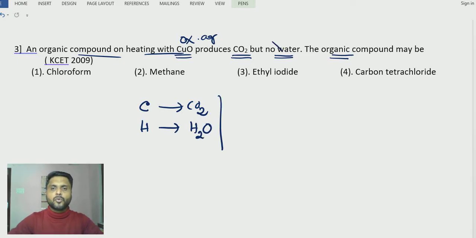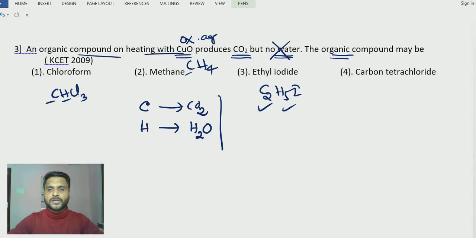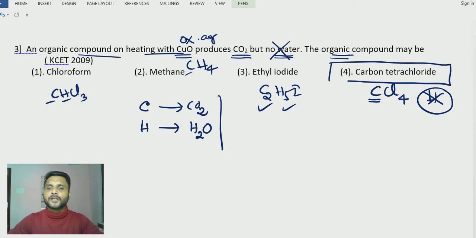But here there is no water mentioned. That means hydrogen should not be there in the given compound. Chloroform, CHCl3: carbon and hydrogen both are there. Methane is CH4: carbon and hydrogen both are there. Ethyl iodide, C2H5I: carbon is there, hydrogen is there. Carbon tetrachloride is CCl4: carbon is there but hydrogen is not. That means carbon tetrachloride will not give water on oxidation. Therefore the answer is option number 4.